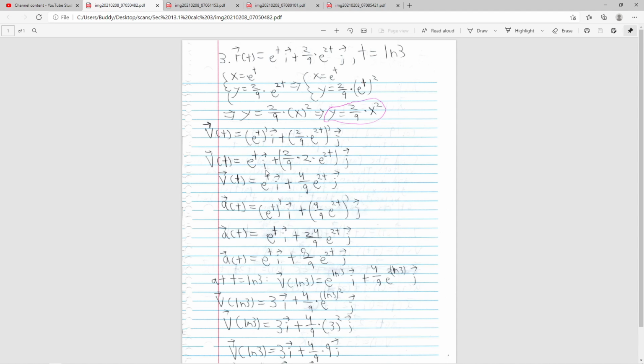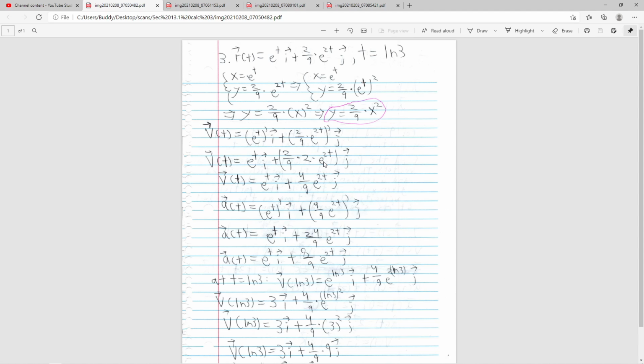But that's a simple idea. Same with this, e^(2t) times 2/9. 2/9 is constant, so you just take the derivative of the other part, because e^(2t) is not constant. And you pull out the 2 and it's e^(2t) still.